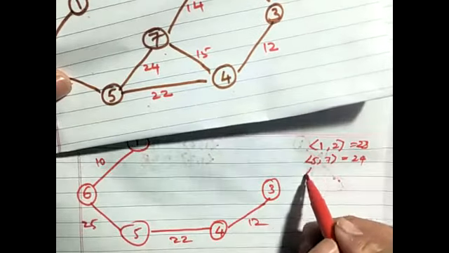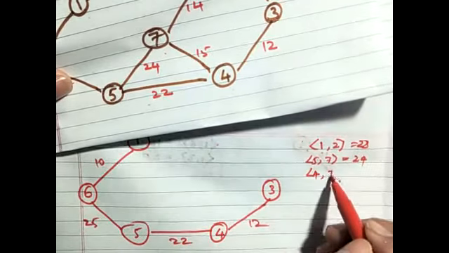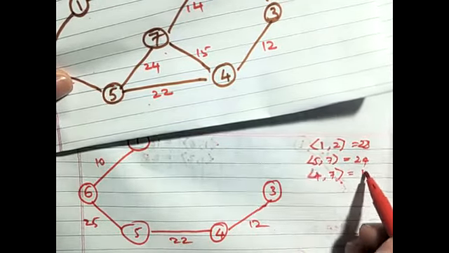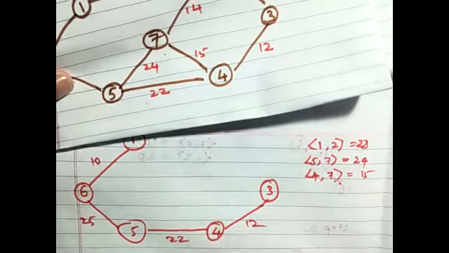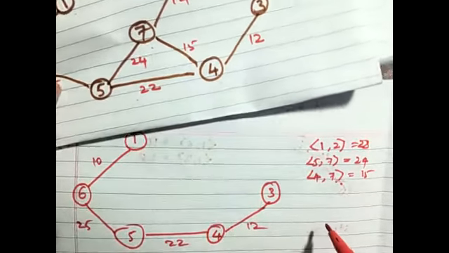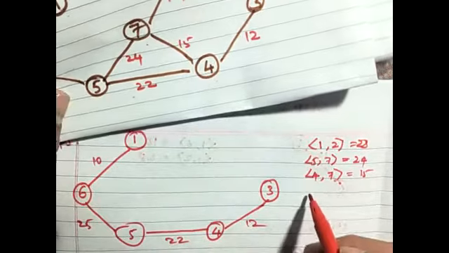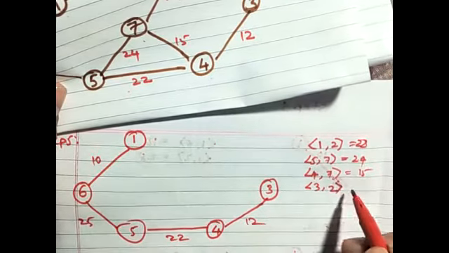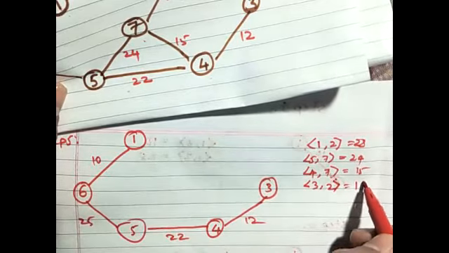Then from 4 to 7 also I can travel. 4 to 7 if I travel, then the cost is going to be 15, right? And then I have from 3 to 2, that will cost me 16.